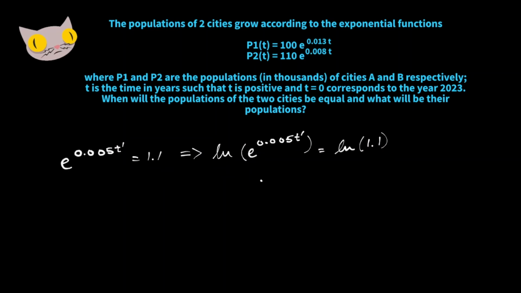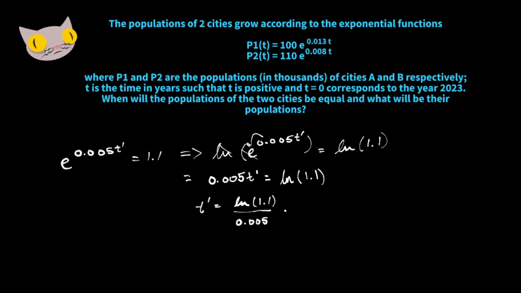Now we can take the natural log on both sides, and that's going to give us 0.005 t prime is equal to the natural log of 1.1. The natural log here just cancels the e out and then brings this exponent down from the power. So now we can get t prime by itself, and that gives us natural log 1.1 over 0.005.